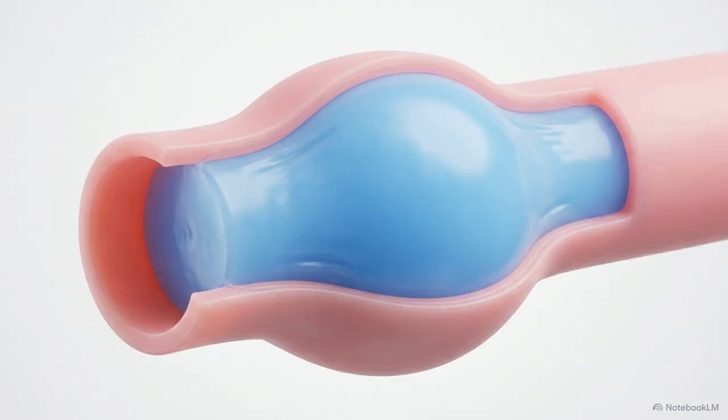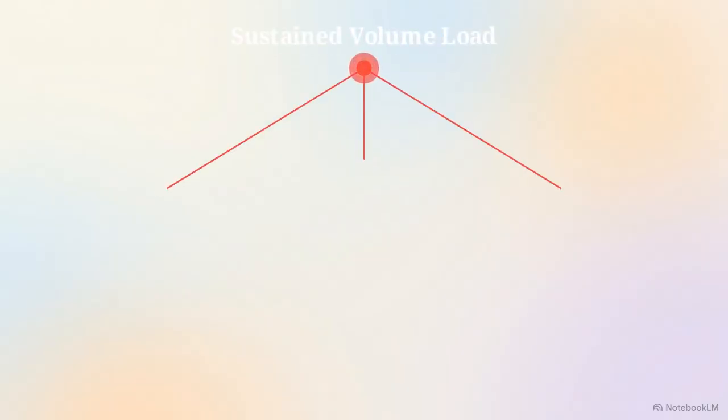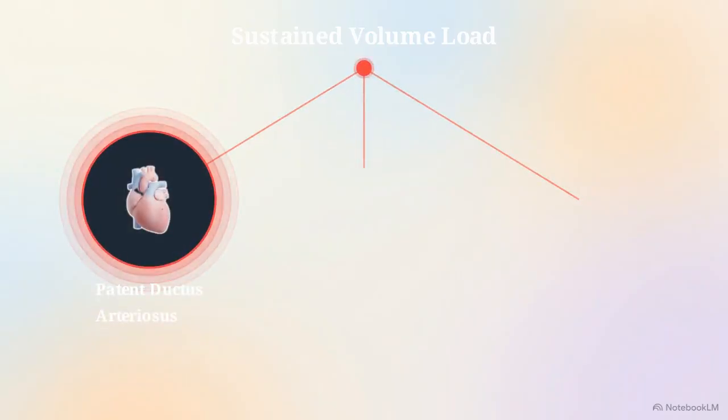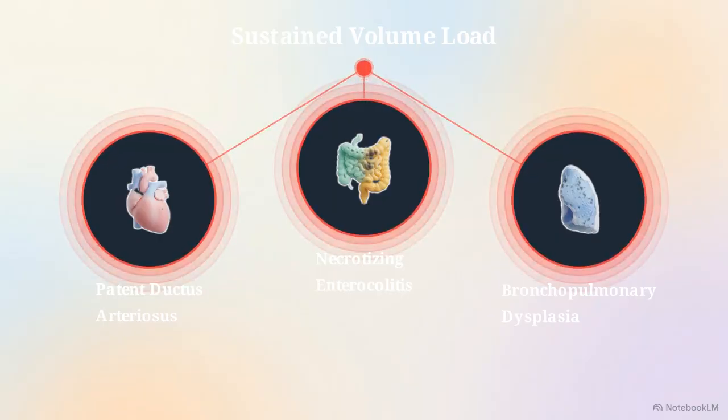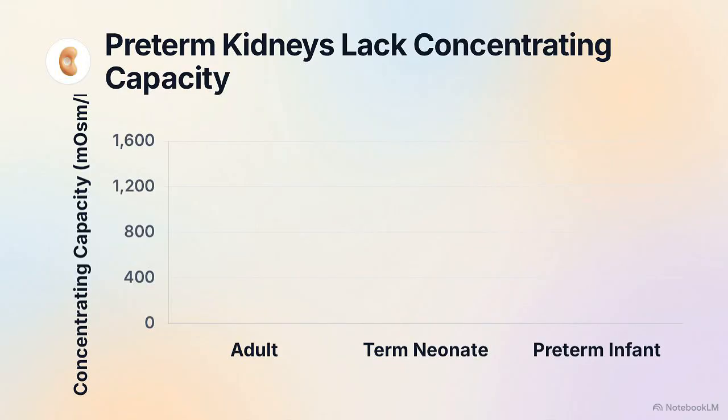If this diuresis is interrupted by iatrogenic fluid administration, the excess volume remains in the systemic circulation, increasing hydrostatic pressure across immature tissues. This sustained volume load is a primary driver for three major pathologies: patent ductus arteriosus, necrotizing enterocolitis, and bronchopulmonary dysplasia. These systems fail because the neonatal kidney cannot process the excess load.